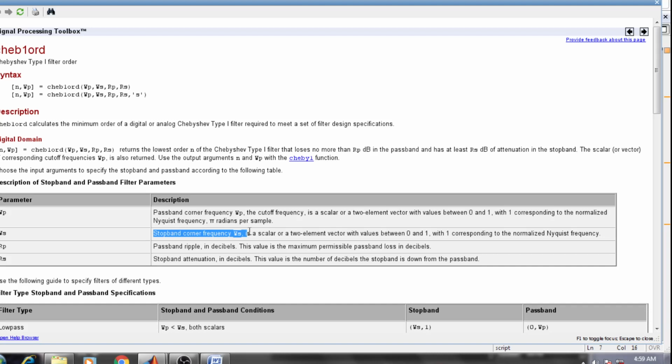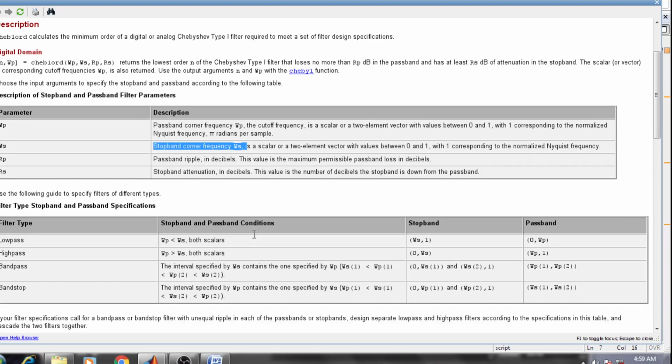Here we are able to see the filter type is low pass, high pass, band pass and band stop. These are the 4 ways for designing.